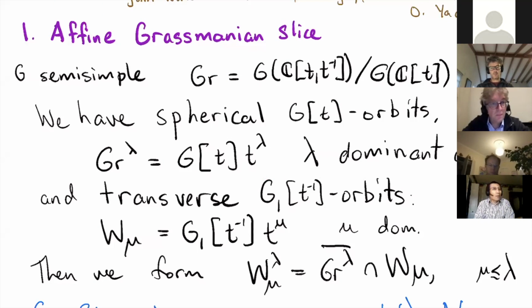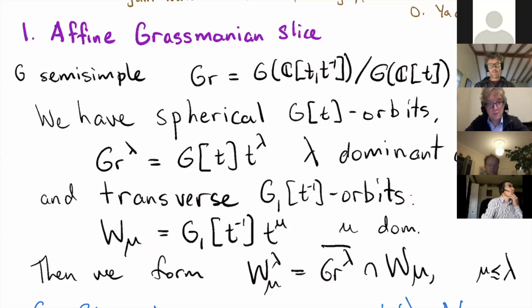If G is some SL_N or some matrix group, then these are matrices whose entries are polynomials in t inverse, with ones along the diagonal and constant term 0 everywhere else.